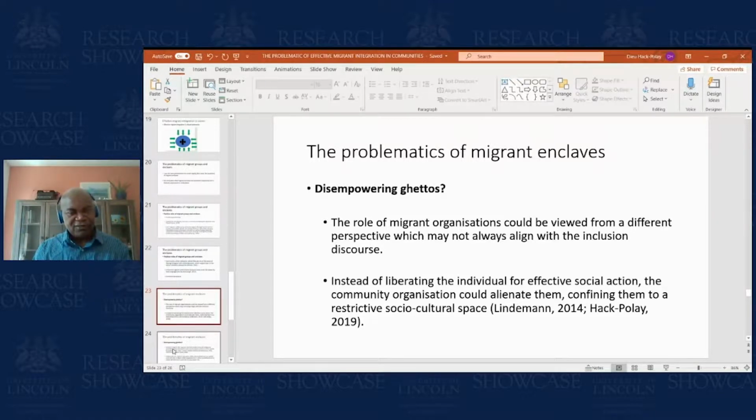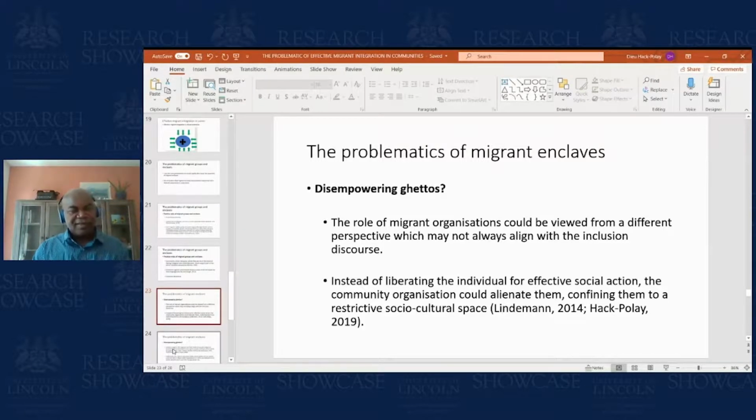And the migrant ghettos then become a problem for our society. So the migrants themselves, as I say, are not a problem. But the social system, turning them into ghettos, then problematize the migrant enclaves, because these become places of deprivation.